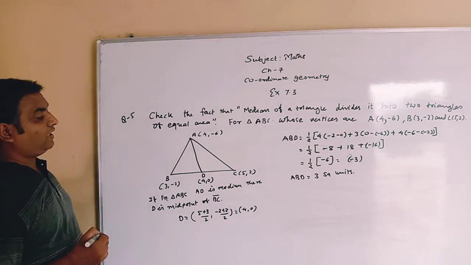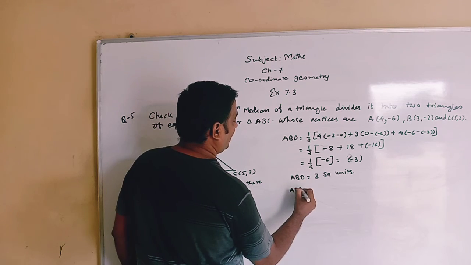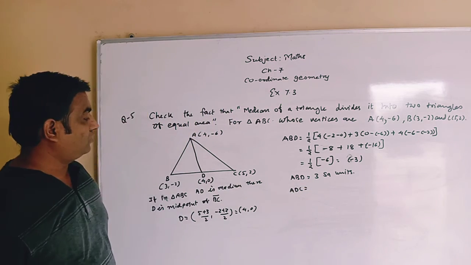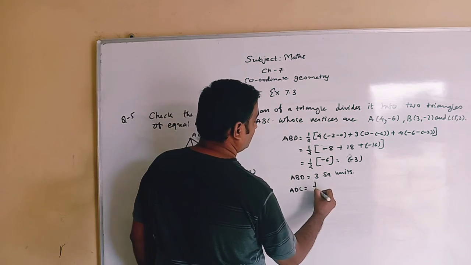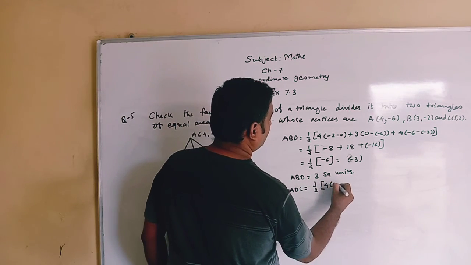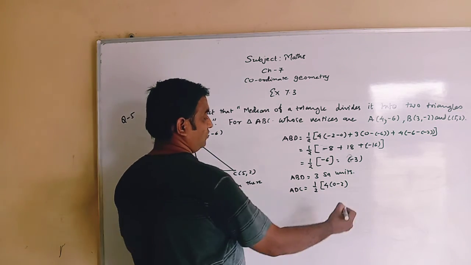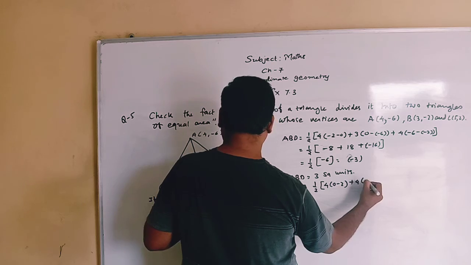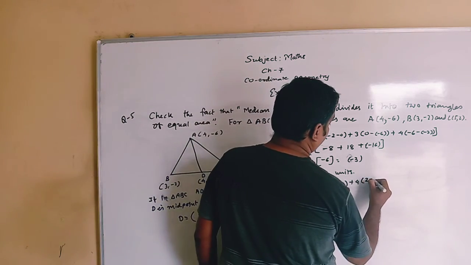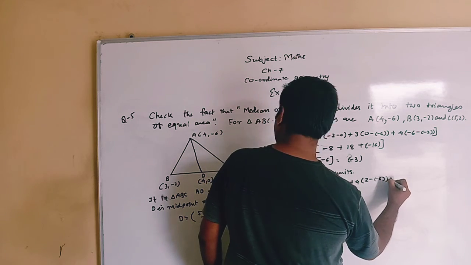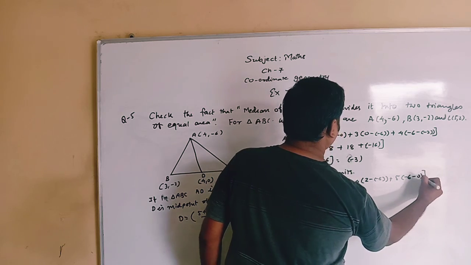Now we find out the area of ADC. So again the area of ADC equals 1 by 2, 4 into 0 minus 2, plus 4 into 2 minus 6, plus 5 into minus 6 minus 0.